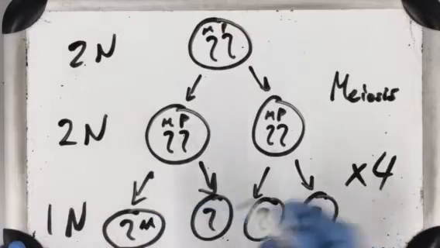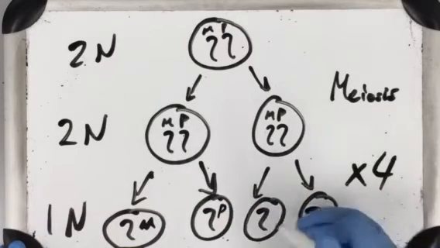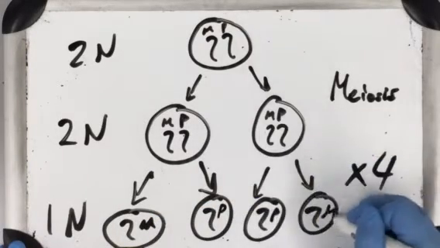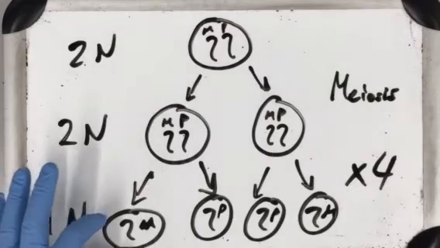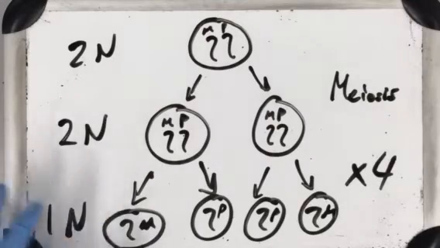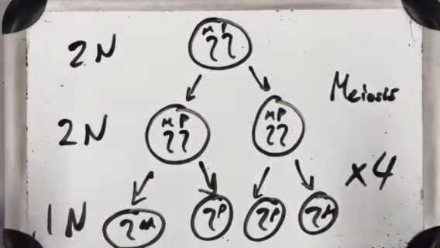And let's say this one is the maternal one, this one's paternal, let's say this one's the paternal from here, and this one's the maternal. So this is the difference with meiosis, and remember that's because the sex cell is going to go combine with the male or female sex cell, depending on whose this is, and that will form a 2n.